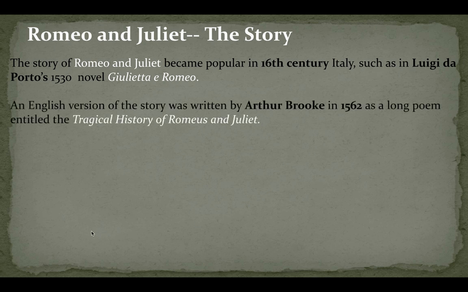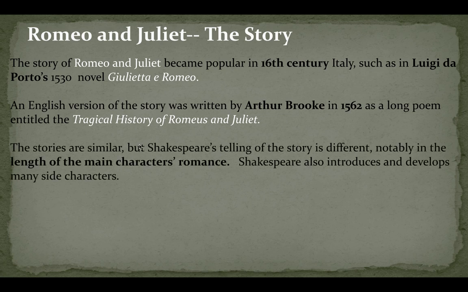Now, there was also an English version of the story, and this was written by Arthur Brooke in 1562. So, again, before Shakespeare wrote his play. It was a long poem called The Tragical History of Romeo and Juliet. So, this is one of those stories that gets carried on and retranslated through time.